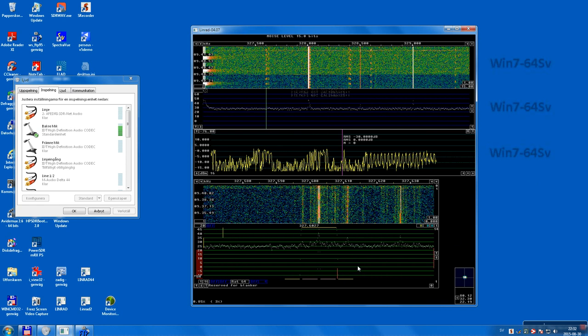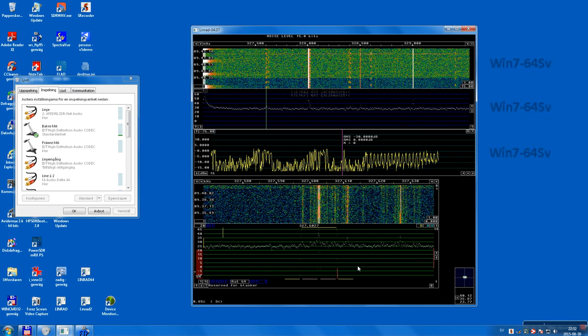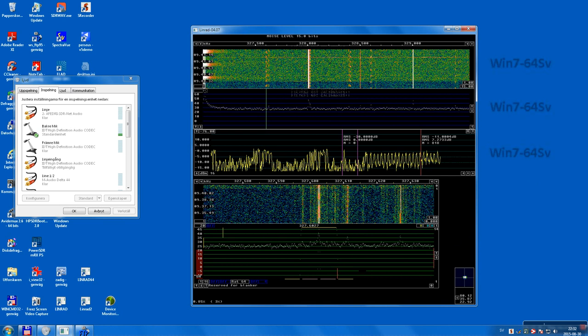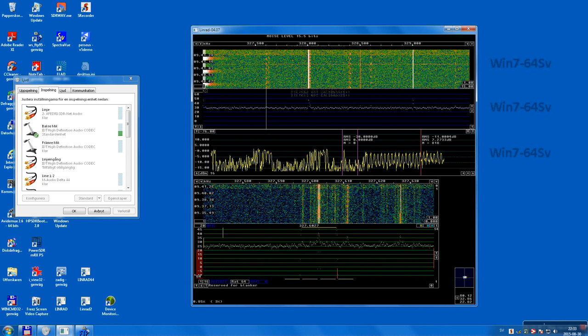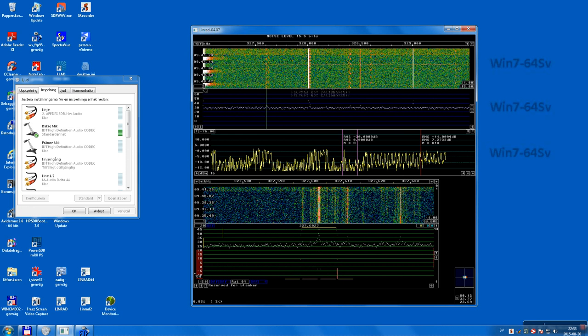And F7 once more. And I forgot, I have to click the mouse to get focus to Linrad. So I get these lines that we don't have to worry about now.